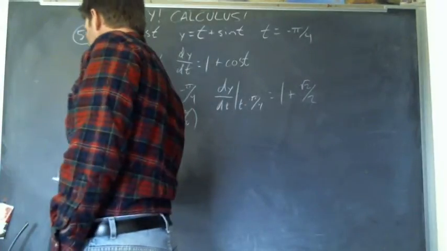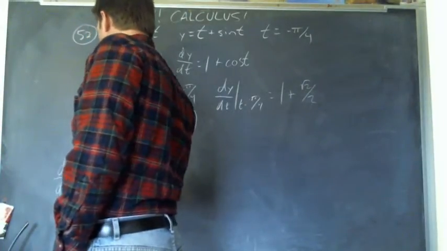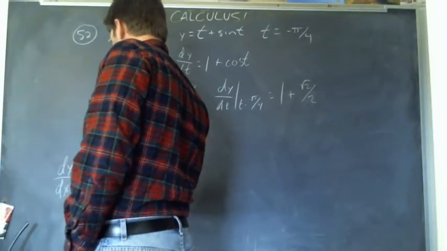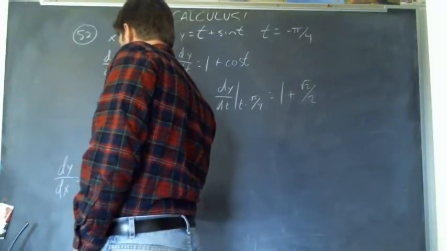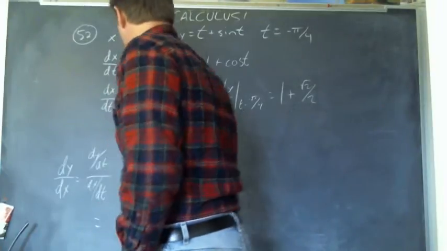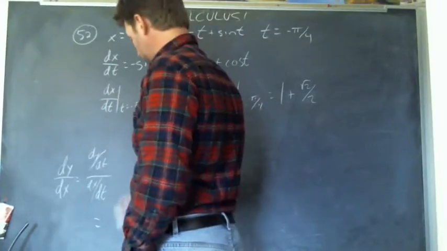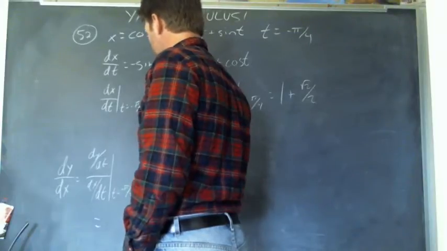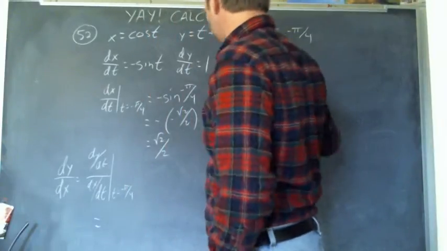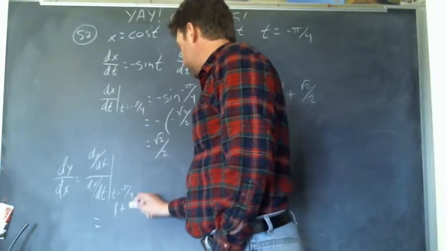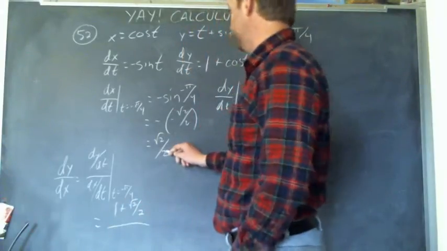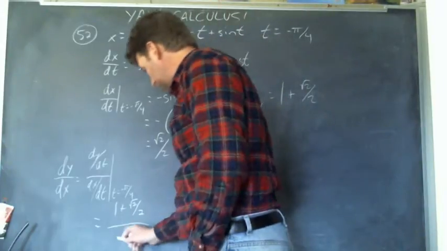So using our formula, dy dx being equal to dy dt over dx dt, and we want to evaluate this at t equals negative pi over 4. This is going to be dy dt, which will be 1 plus radical 2 over 2, all over dx dt, pardon me, radical 2 over 2.